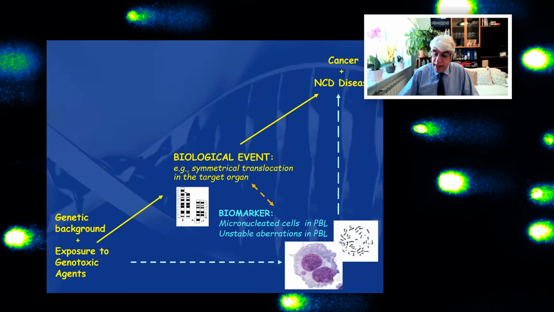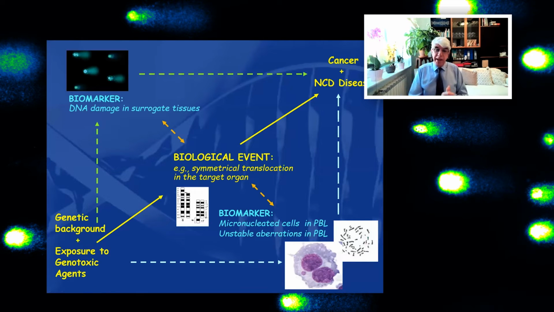That was what happened for chromosomal aberrations and micronucleated cells. You see that this link was quite clear. Exposure increases both of these events. We had to demonstrate that higher levels of this biomarker can predict the risk of cancer. And obviously, this biomarker is associated with the biological event.